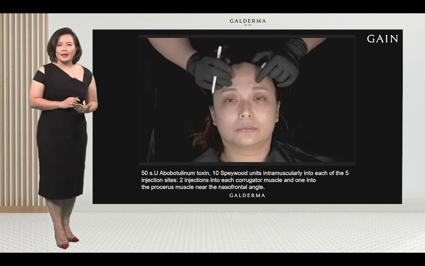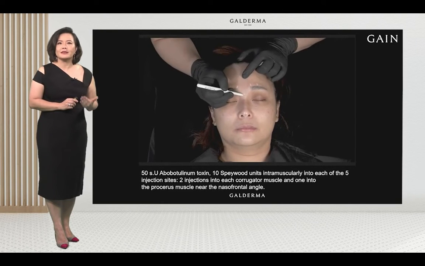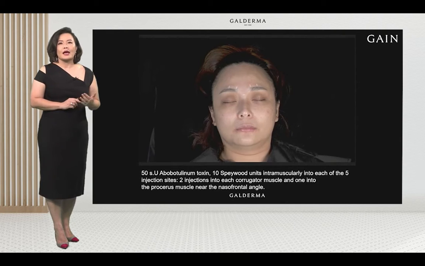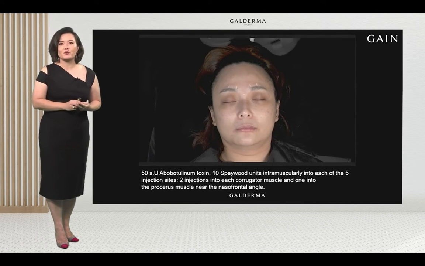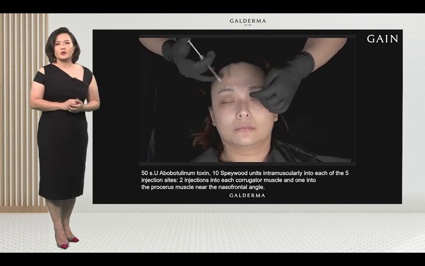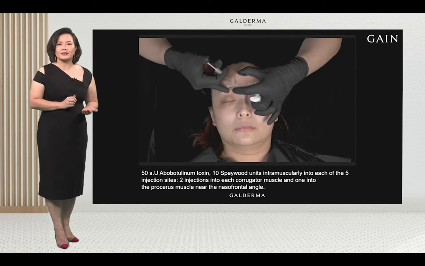Mark the point where you plan to inject based on the wrinkle pattern as well as where you see the bulk of muscle. The standard injection points here are 5 points of 10 Speywood units of Dysport, which you will see me doing here. Of course, remember to clean the skin before you inject.